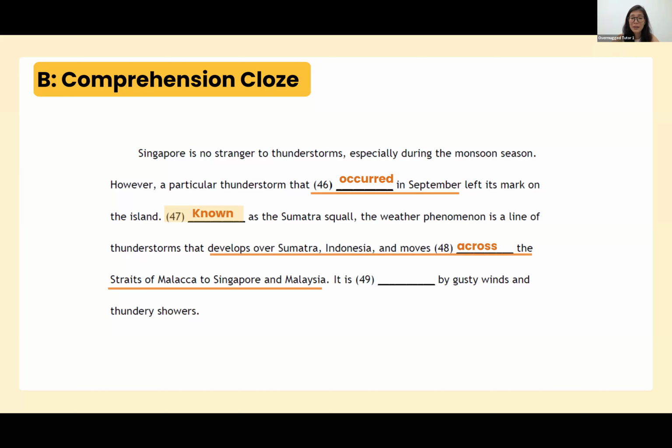Okay. Question 49. Something interesting about the Sumatra squall is it is blank by gusty winds and thundery showers. So if you fall victim to it, you would know that the rain was probably pelting you that day. So it is characterized by gusty winds and thundery showers.